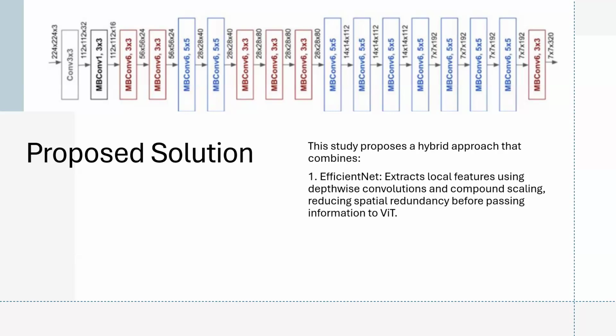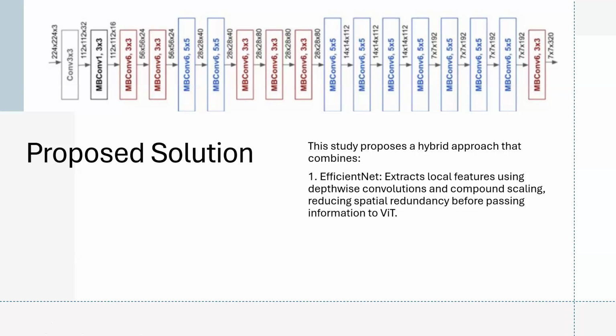So this first MB convolution has an expansion ratio of 1, meaning it doesn't expand channels, but deeper, MB convolution 6 uses expansion factors like 6.